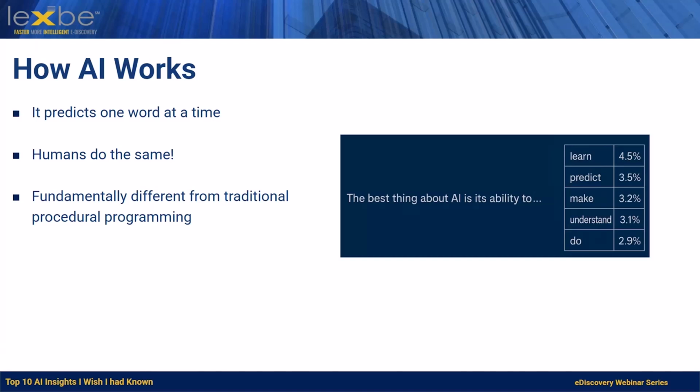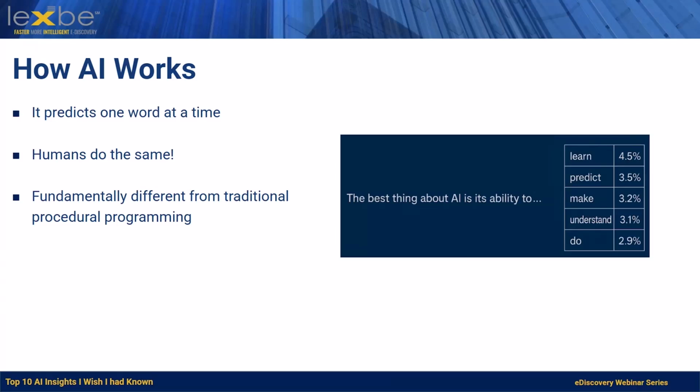So here in this example, we have "the best thing about AI is its ability to," and then it says with 4.5% probability "learn" will be the next word. 3.5% it'll be "predict." That's just based on all the knowledge in the whole world that it's gotten its hands on.